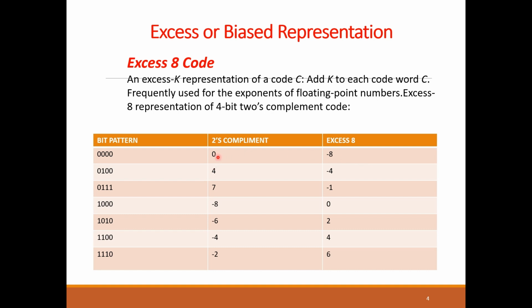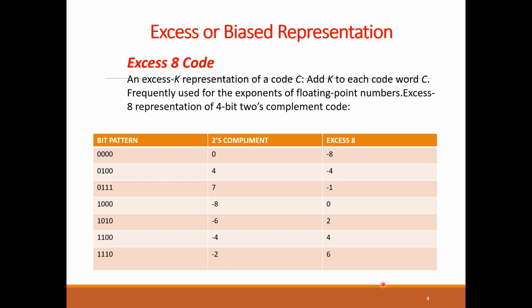If you add 1000 to 1000, you are getting all zeros, so it is equivalent to minus 8. In excess 8 representation, all zeros is minus 8, because minus 8 plus 8 gives all zeros. And 0100 is minus 4, and it goes like this.